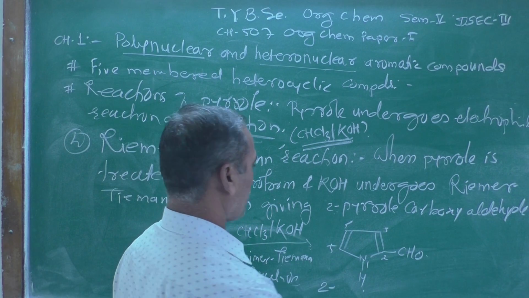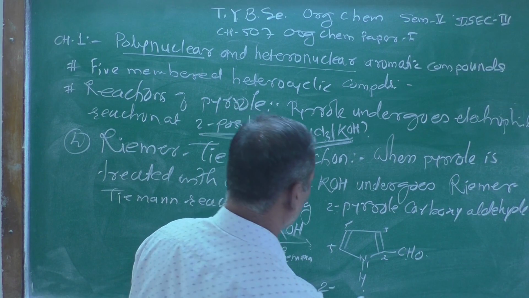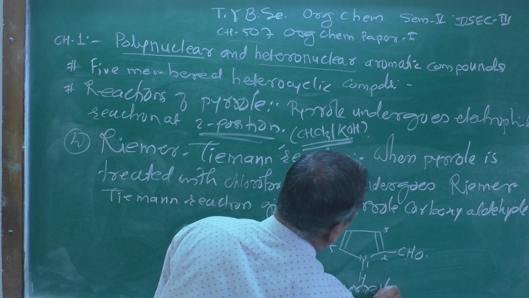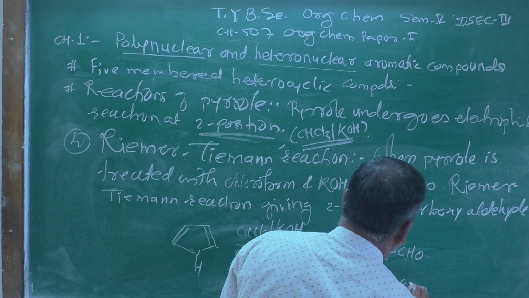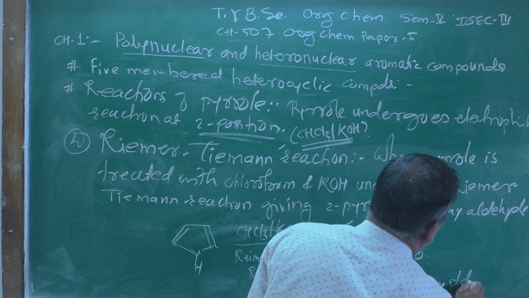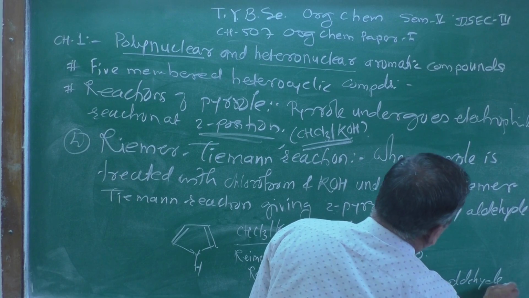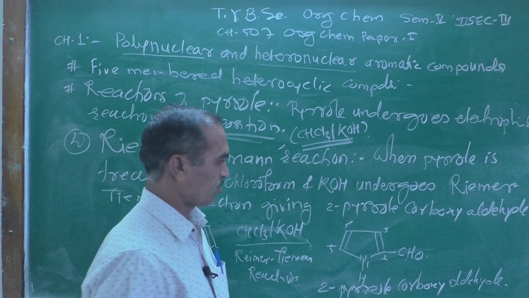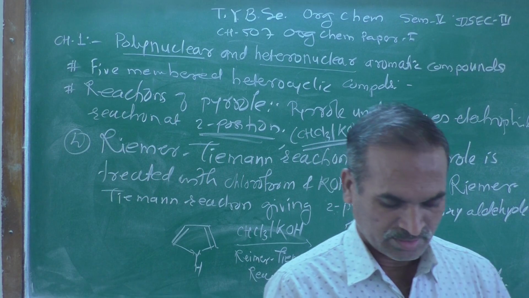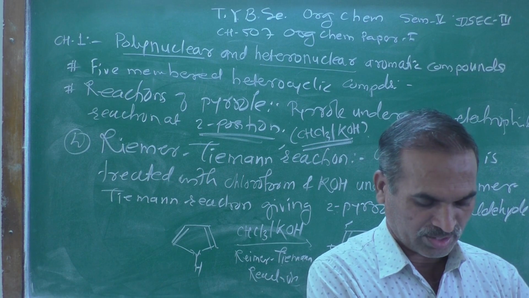At the 2 position the formyl group is there, and therefore you can call it 2-pyrrole carboxaldehyde. That is the name of the compound we got over here.